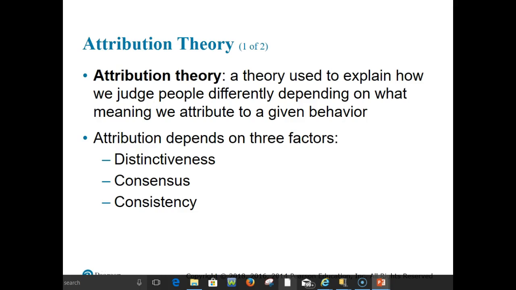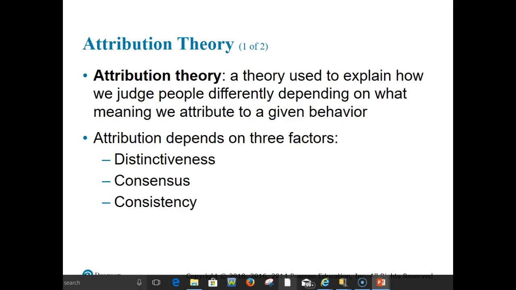Now, the attribution theory was developed to explain how we judge people differently depending on what meaning we attribute to a given behavior. Basically, the theory suggests that when we observe an individual's behavior, we attempt to determine whether it was internally or externally caused. Now, internally caused behaviors are those believed to be under the personal control of the individual.